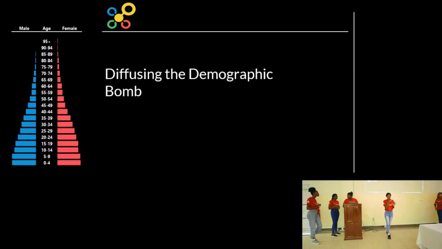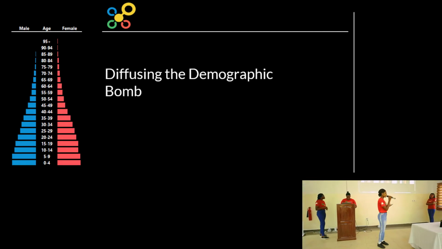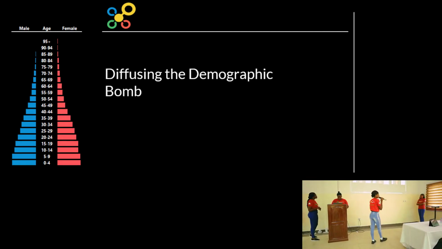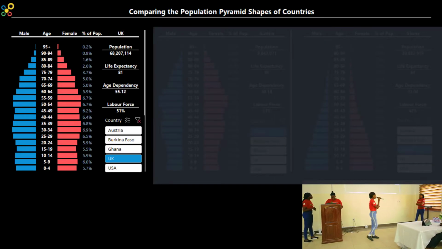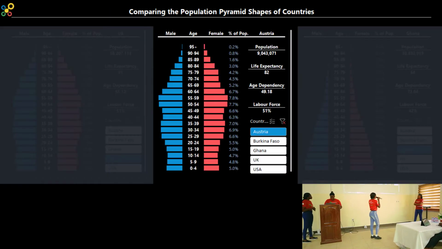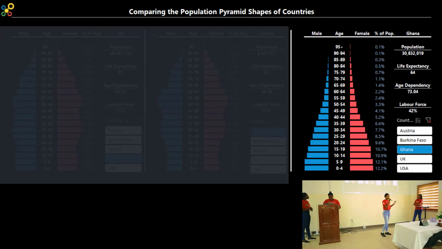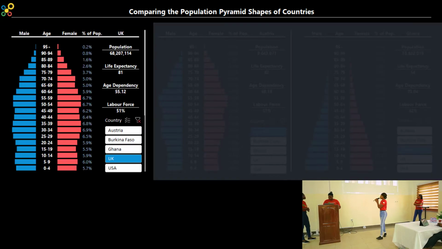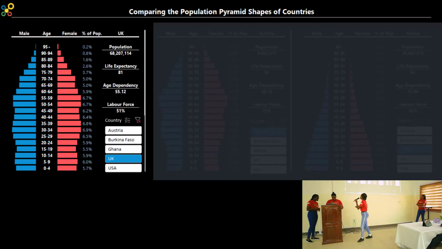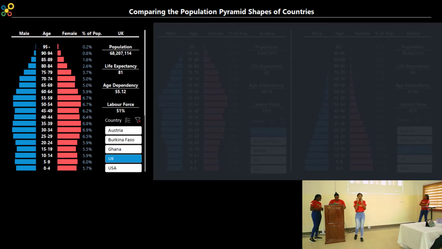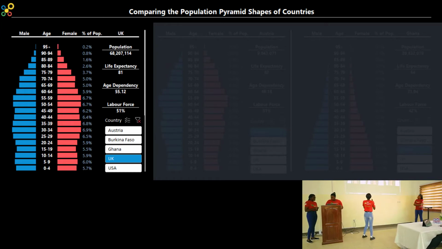Okay, before we look at the shape of Ghana's population pyramid, let us know the various types of population pyramids we have and how they differ from one another. So basically, there are three types of population pyramids, namely constrictive, stationary, and expansive. With constrictive population pyramids, there is a smaller percentage of the population in the youthful cohorts, whereas the majority belong to the elderly cohorts.